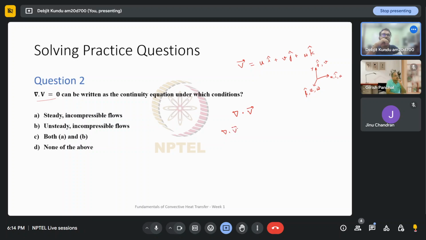Divergence of V can be written as dou x i cap plus dou y j cap plus dou z k cap, in a dot product with this vector V, which is u i cap plus v j cap plus w k cap.